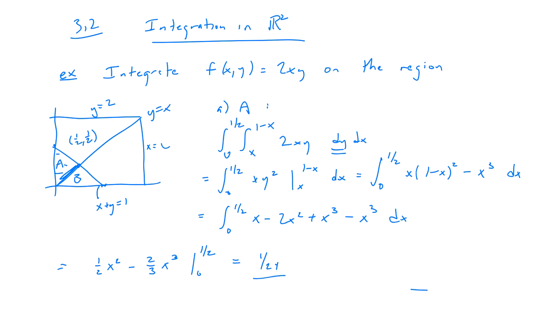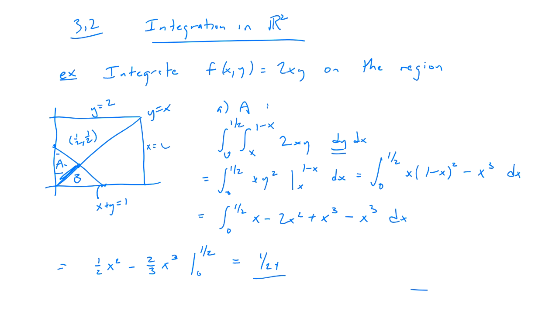The same thing. We're going to get 1 over 24 again, because you can see the region is the same size, and the function 2xy is symmetric around y equals x. So therefore, the values are symmetric around the line y equals x. So it's the same area region, and the functions are equal symmetrically around y equals x. So we'll get the same thing.